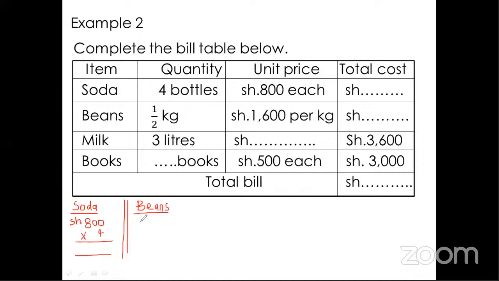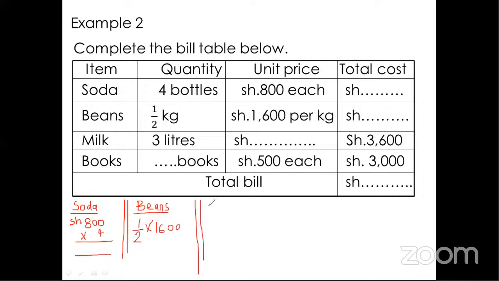So you say unit cost times the quantity. For this case, our quantity is a fraction, just a half. So you multiply a half times 1,600. Remember, this is your work. Please make sure you get the answer.